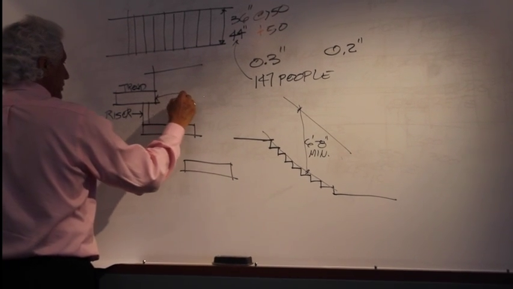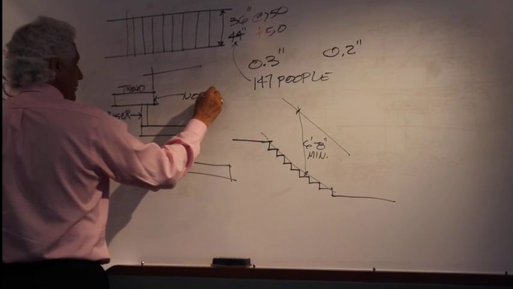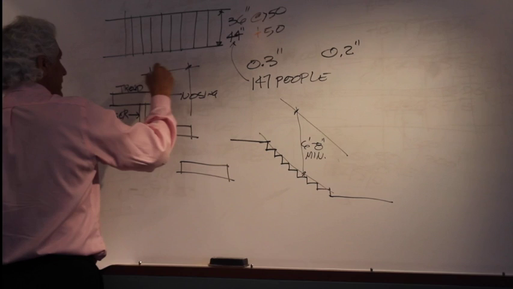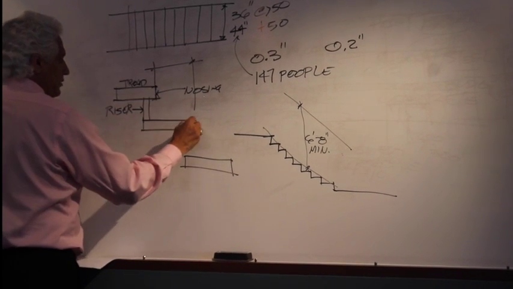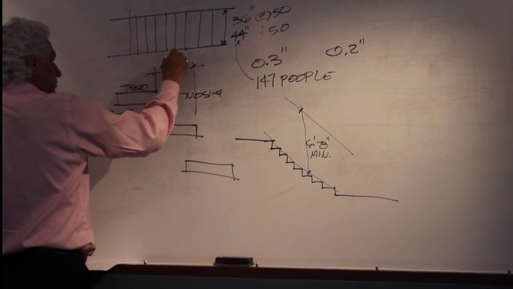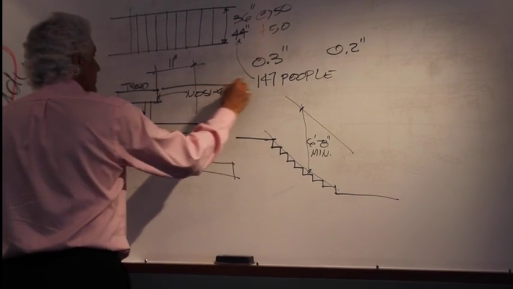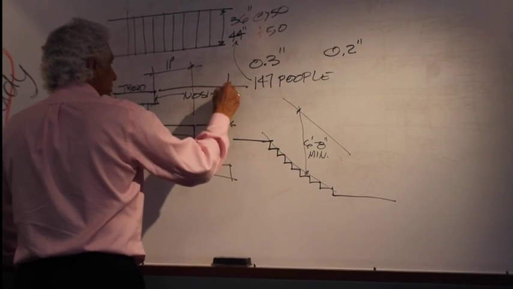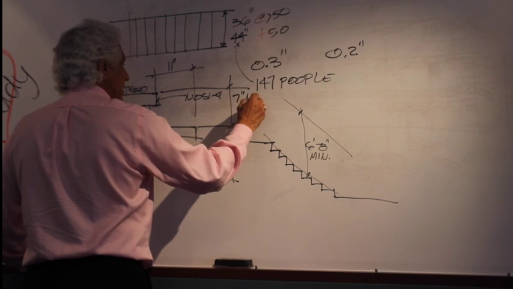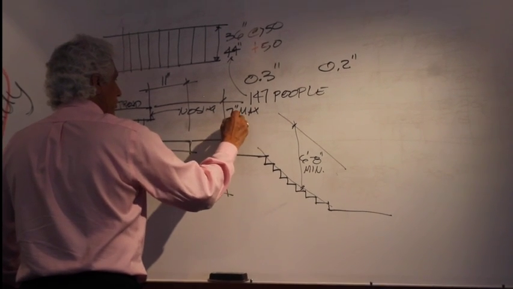This is the nosing. So the tread is measured from nosing to nosing, and the minimum is 11 inches. The rise is 7 inches maximum or 4-inch minimum.